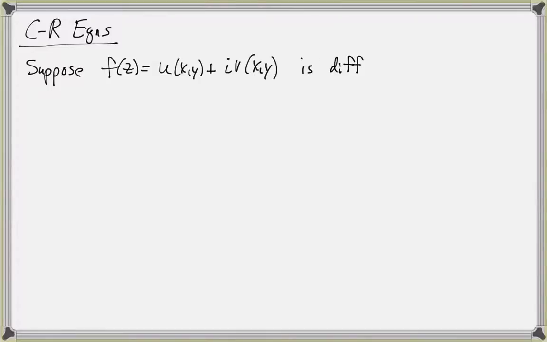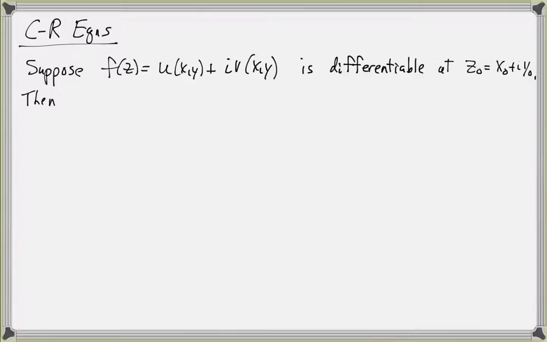So suppose f of z, which is u of x, y, plus I times v of x, y, is differentiable at z0 equal to x0 plus I y0.